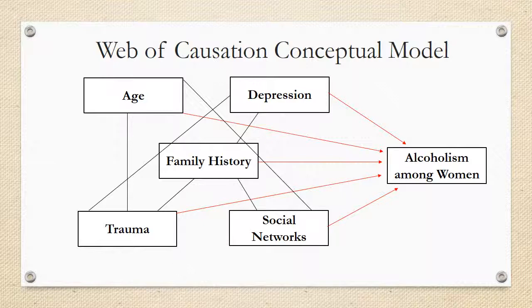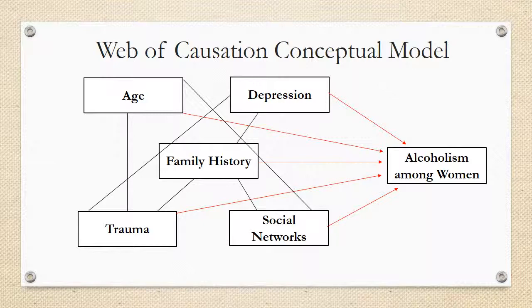And I've linked age along with social networks. So let's say at a very young age, a woman is interacting with other young peers who are drinking. This may influence her early onset drinking as well. And I've also linked age and trauma. Early childhood trauma definitely influences a woman and may affect her becoming an alcoholic later in life.